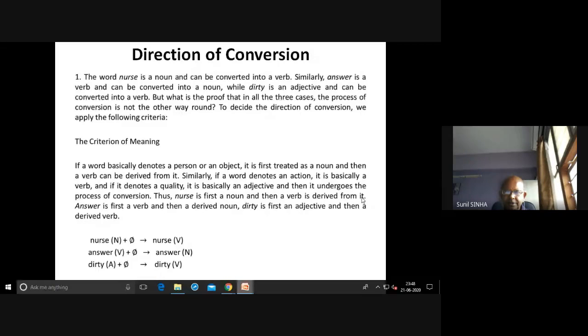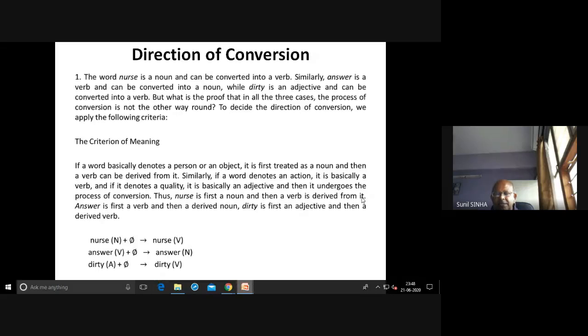The arrow indicates that the word nurse as a verb has been derived from the word nurse as a noun. Please listen to me once again. The arrow in answer indicates that answer as a noun has been derived from answer as a verb. Or the arrow in dirty indicates that dirty as a verb has been derived from dirty as an adjective.